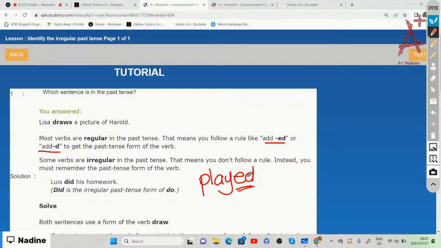But now with the irregular past tense verb, certain words are even going to change, or certain letters within that specific word might change. That is why they're saying that you do not follow a specific rule. Instead, you must just remember the past tense form of the verb.